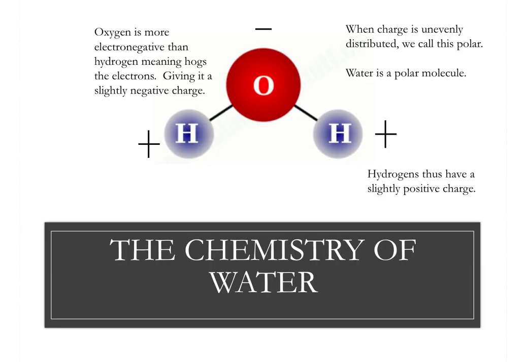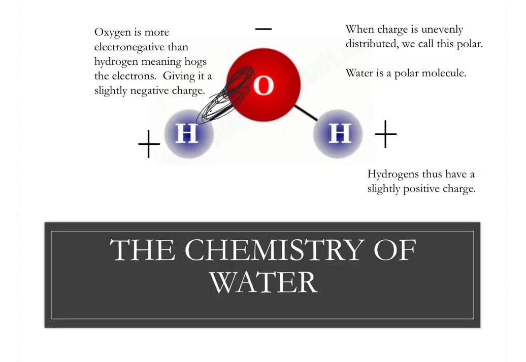If we imagine the hydrogen and oxygen sharing electrons in that orbital, as they spin around, oxygen, because it's a bigger atom with more protons, is naturally going to have those electrons closer to it than the hydrogen.